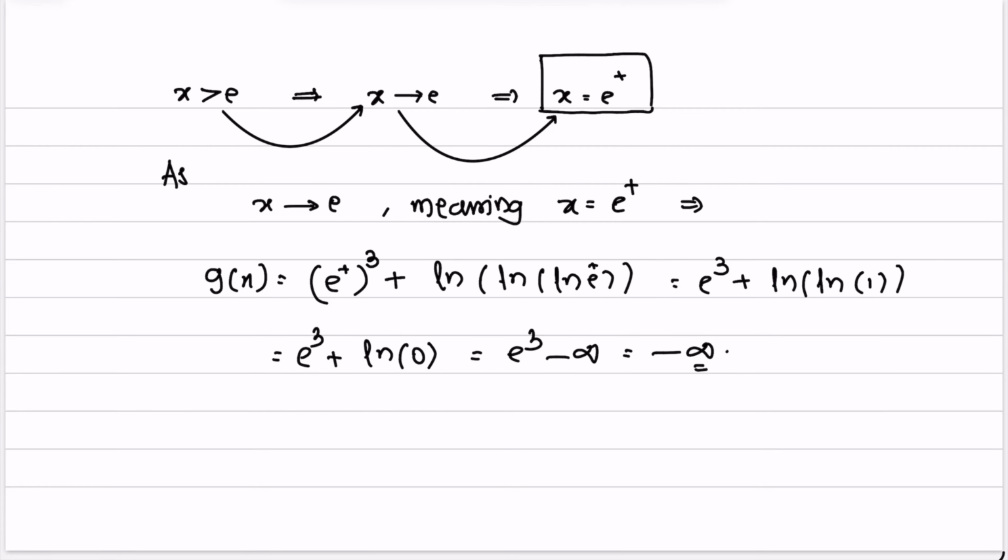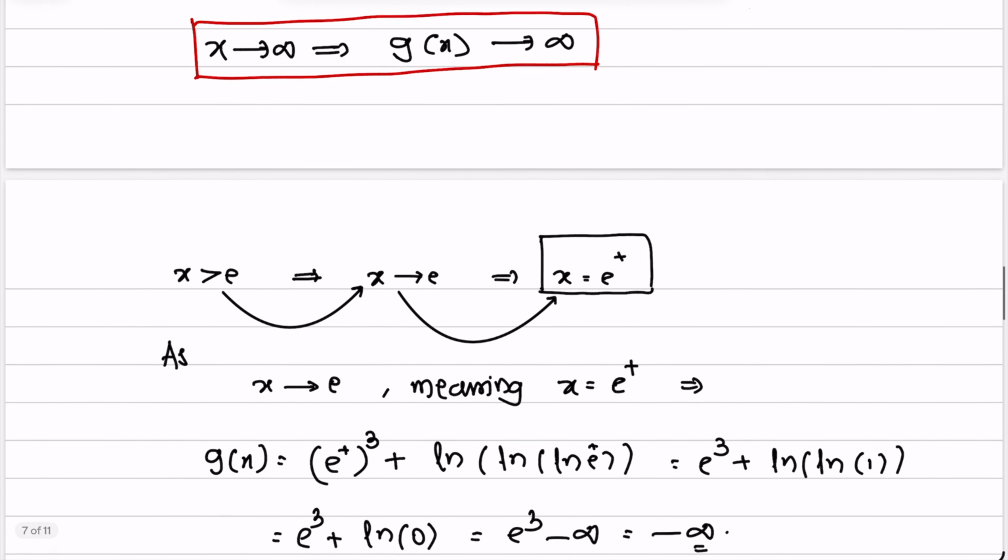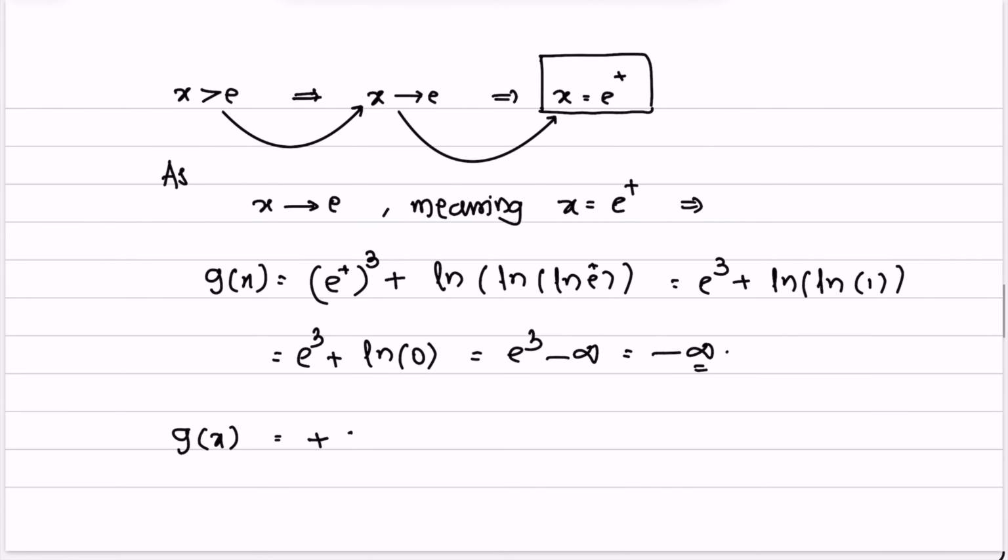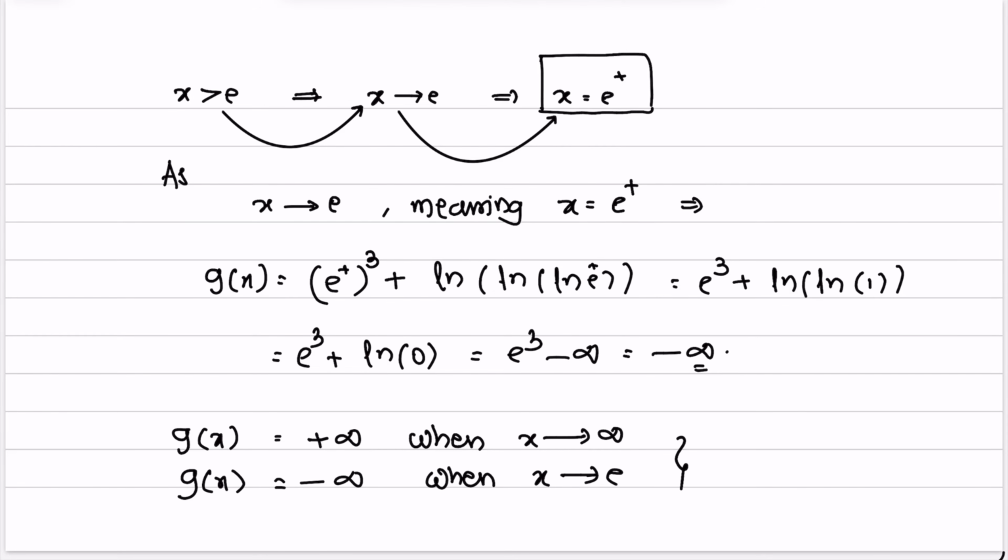That means g(x) is equal to plus infinity when x tends to infinity, and g(x) is equal to minus infinity when x tends to e. And for both of these conditions, x is greater than e.